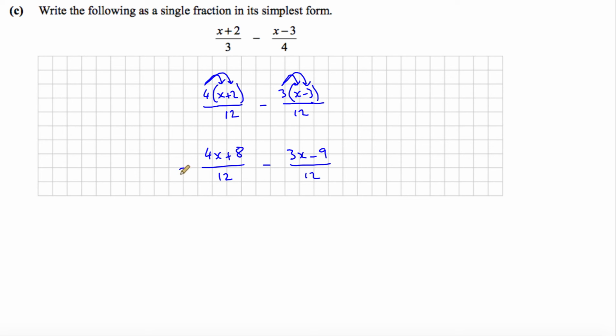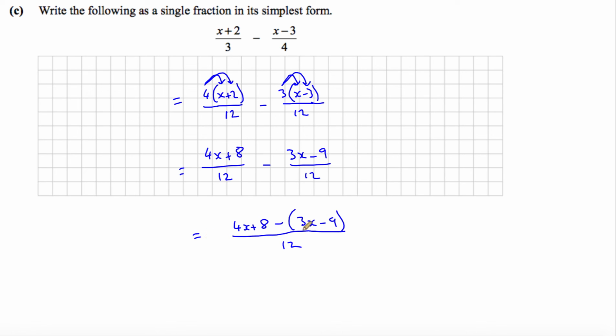So now, a fraction over 12 minus another fraction over 12, well, I can put the whole lot then over 12, because they're fractions with the same denominator. So I have 4x + 8 minus all of this, so you have to protect all of that with a bracket when you're subtracting it away.